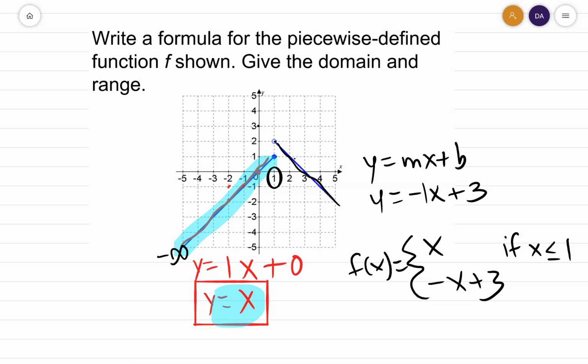Solid dot at that 1, it is still on the 1. When do we graph negative x plus 3? Well, that graph starts where? Starts at the 1, but not including the 1. So that's when x is greater than, but not equal to, the 1.